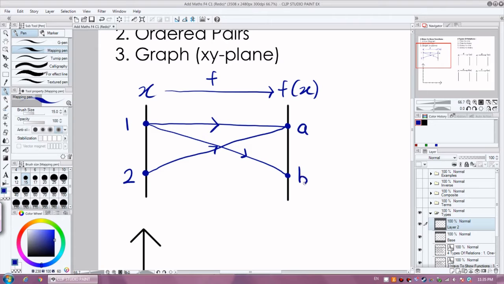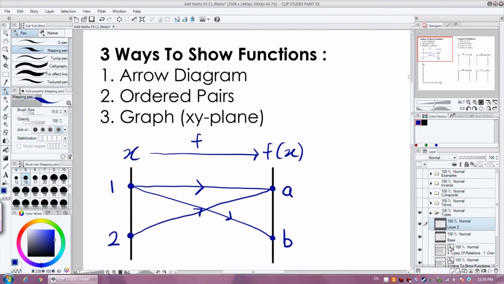So in the ordered pairs, you're supposed to write it with a big curly bracket outside, and inside here you need to draw another bracket and a comma in the middle. The front part of this would be the object, while the back here would be the image.